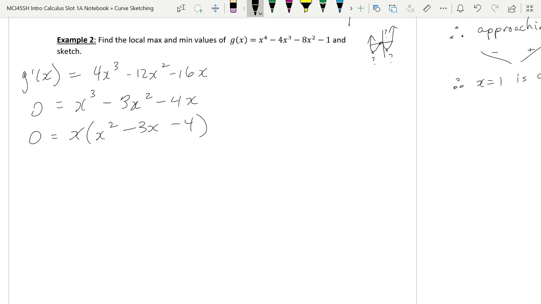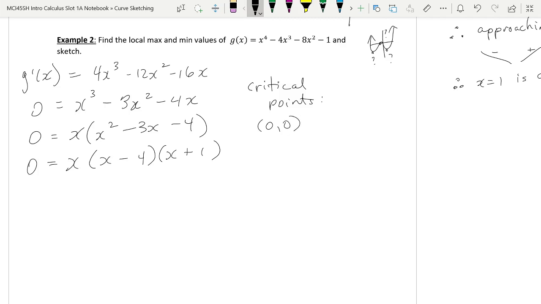All right, speaking of factoring, there's a nice quadratic there I can factor. That's x minus 4, x plus 1, which means that I have critical points at x equals 0, x equals 4, and x equals negative 1.